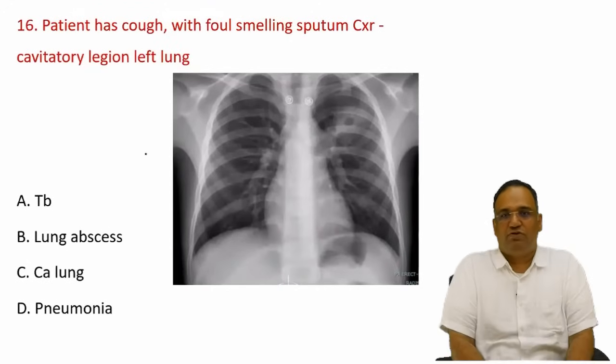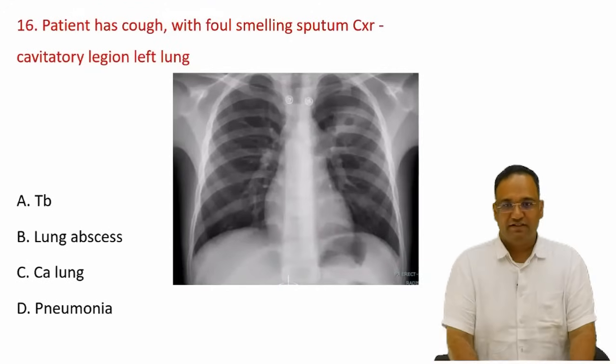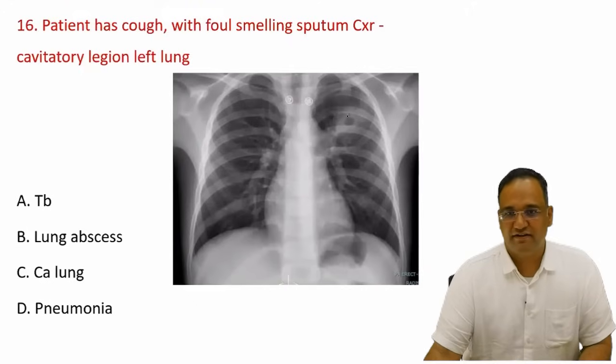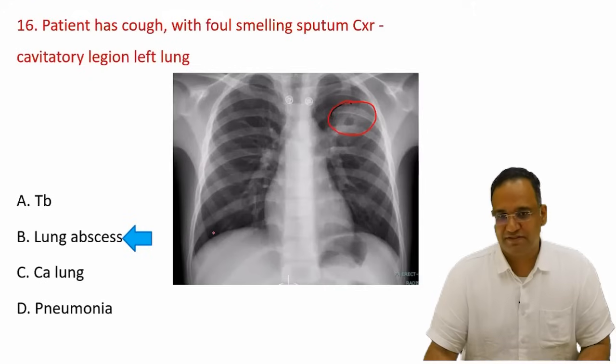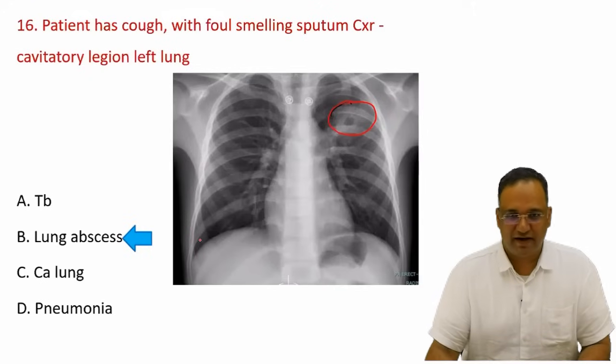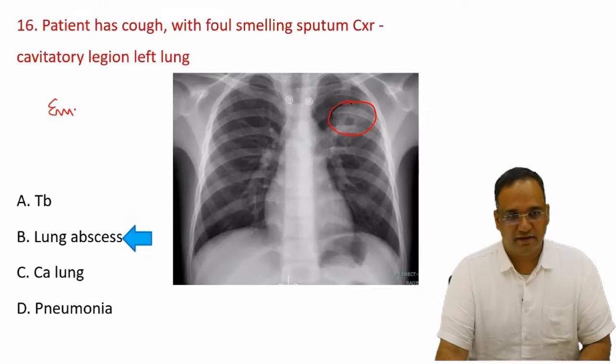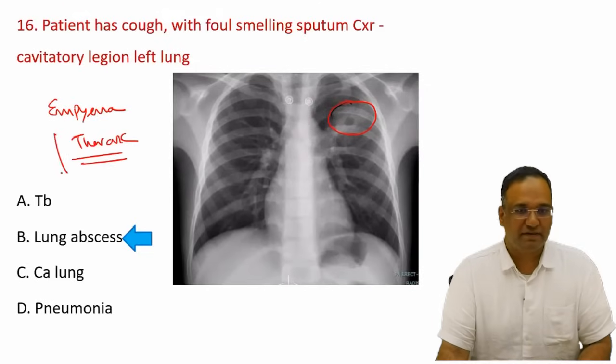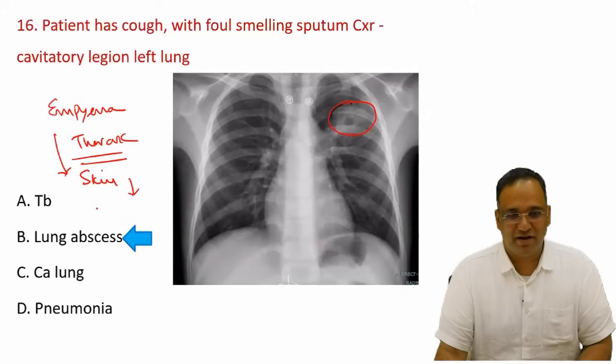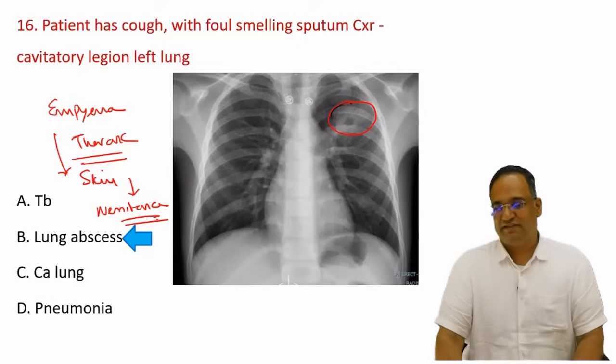Patient with cough, foul smelling sputum, chest x-ray shows a cavitating lesion. So, there is a cavity. It's a typical case of a lung abscess, and a lung abscess is treated with antibiotics. If a lung abscess ruptures, it can cause empyema of the thorax. If it opens into the overlying skin, then it is called empyema necessitans.